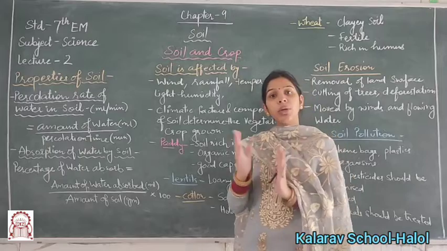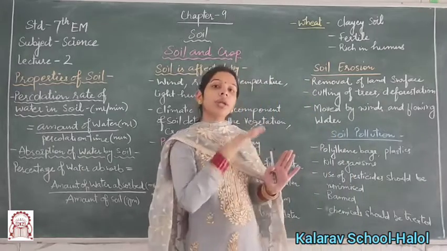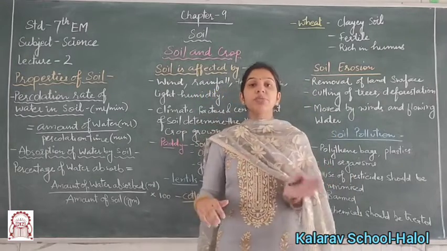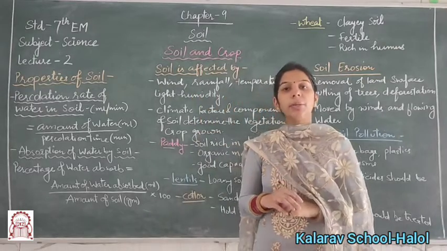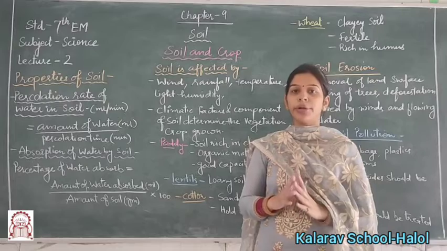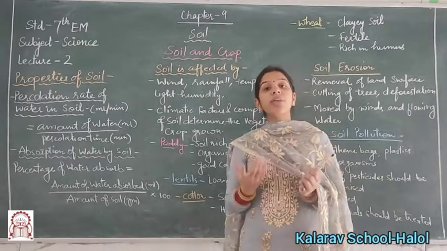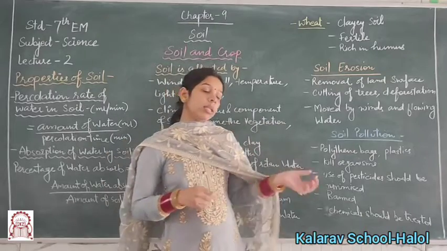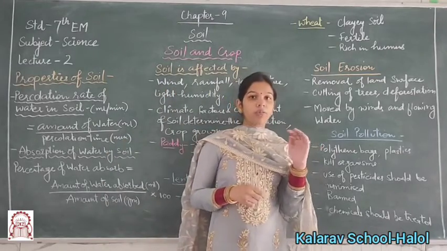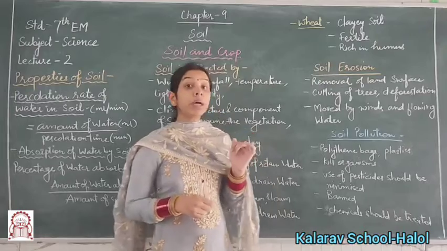In this way we can calculate the percentage of absorption. The lower the percolation rate, the more water is retained on the surface, which means less absorption of water by the soil takes place. Point to be noted. Next is moisture of the soil. Sometimes in the summer season the surface of the soil looks like a shimmer.